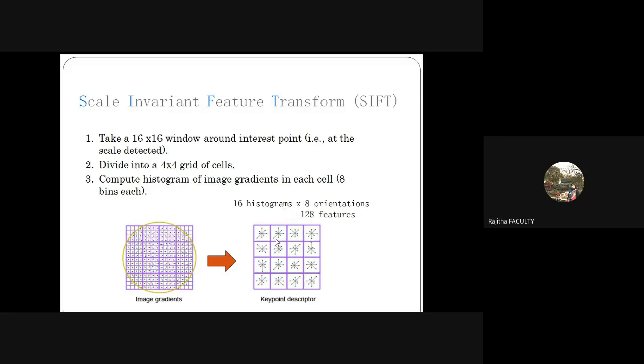What it does is, you have your image in the form of a matrix, right? So I'm taking that matrix. Now I'll take a particular cell which is of size 16 cross 16. That means 16 rows and 16 columns. Okay. Now from these 16 rows and 16 columns, I have a matrix generated. I'll identify the orientations.